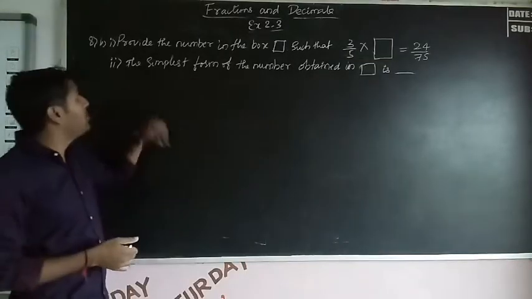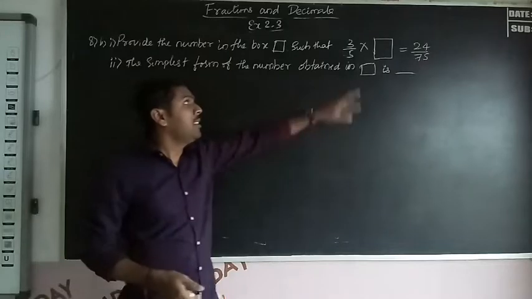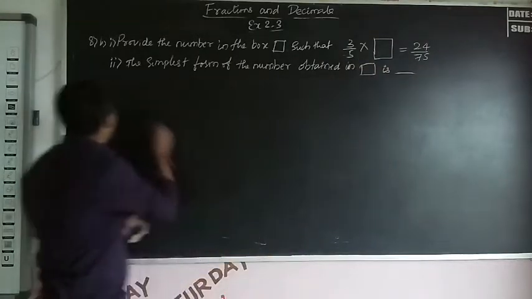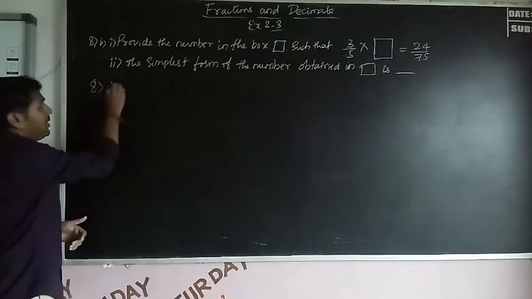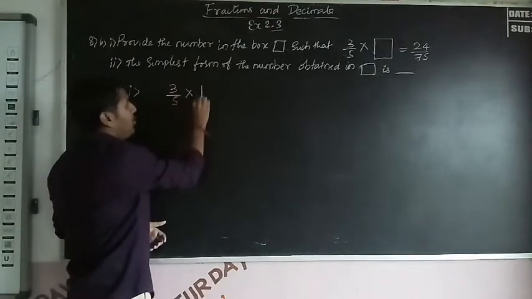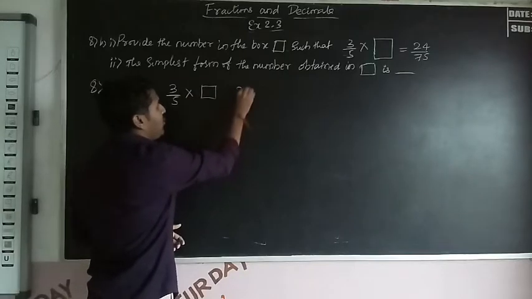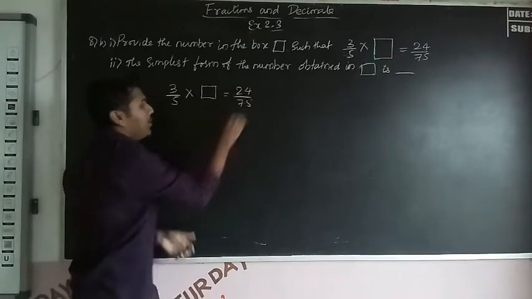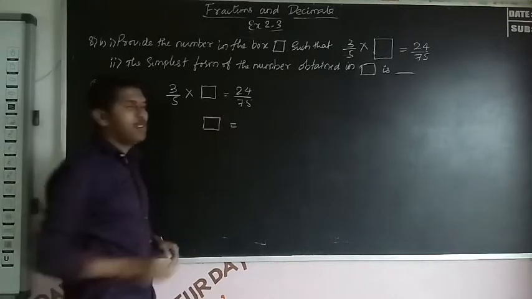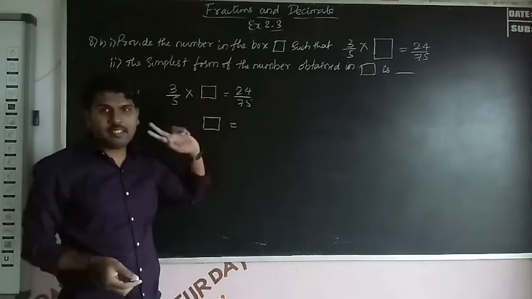Next here is B one. Again same. Here 3 by 5 into box equals to 24 by 75. So how to solve that one? B first one, 3 by 5 into box equals to 24 by 75. Next, box. Shift this 3 by 5 to RHS.